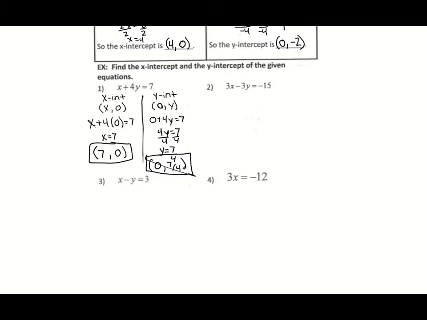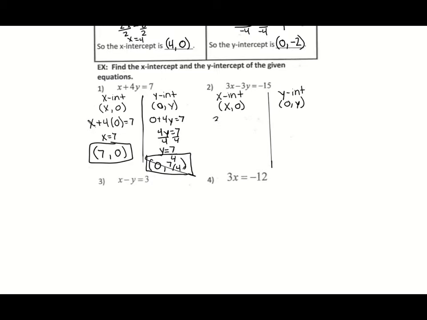Okay, let's try the next one. If we have x and y. And I always like to put my points right below so I don't get confused which one's 0 and which one's my variable. So I plug in a 0 for y this time.